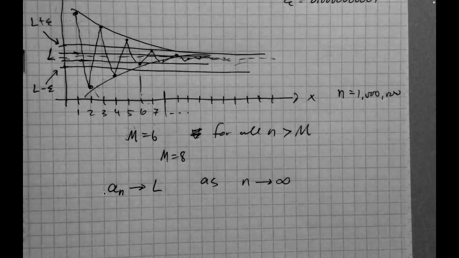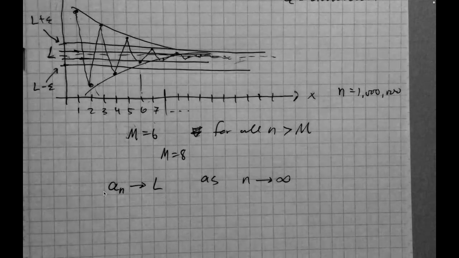That's always very subjective, depending on your resolution. If you're looking very closely, they may look very different, but that's what we mean by for all epsilon. No matter how close you want to be to L, you can always go out and find an M that gets you that close.